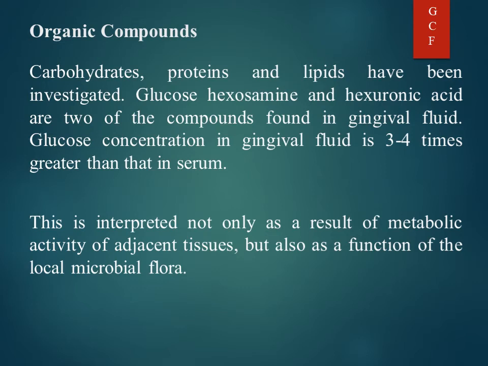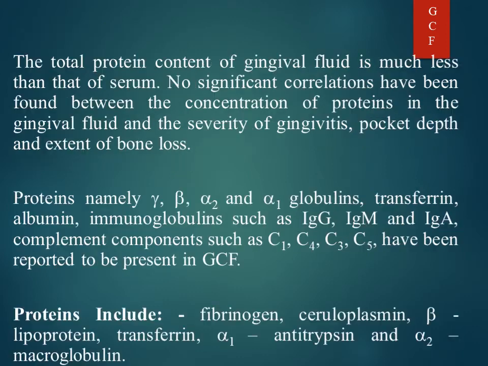Glucose, hexosamine, and hexuronic acid are also compounds usually found in your gingival fluid. They say that the glucose concentration in GCF is 3 to 4 times greater than that of plasma. So why is this? This is not only because of the metabolic activity in the host. It is also a result of the metabolic activity of the bacteria. So your local microbial flora also contributes.